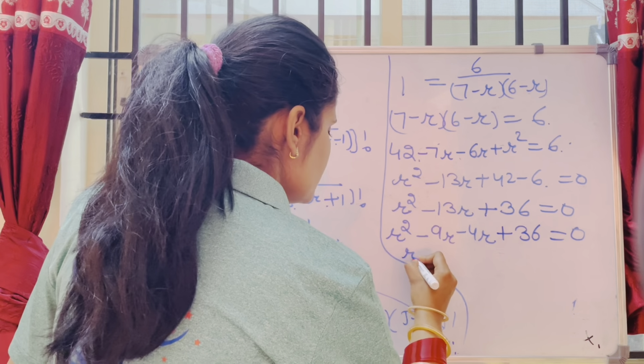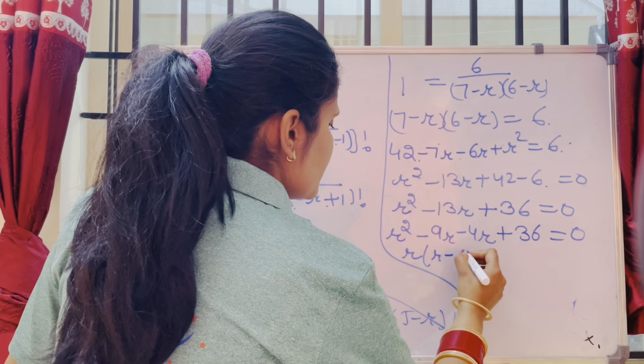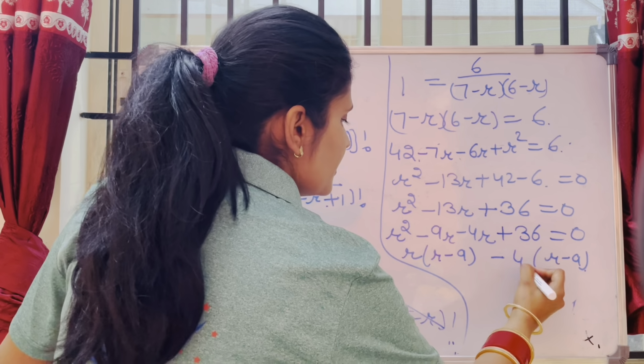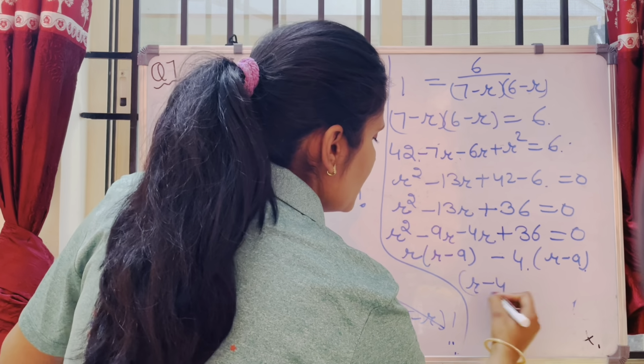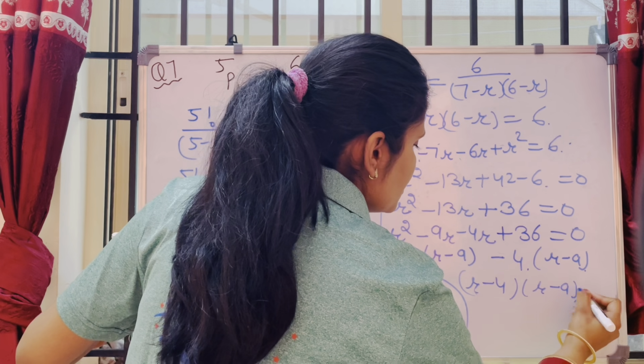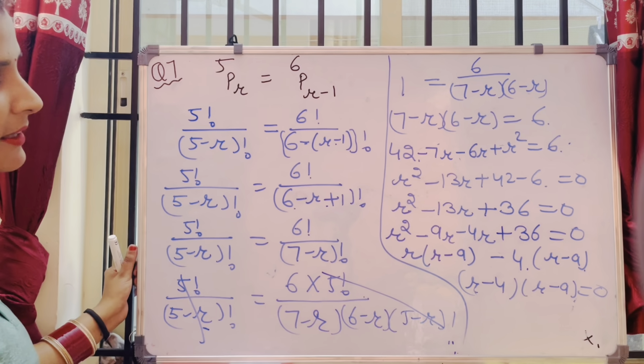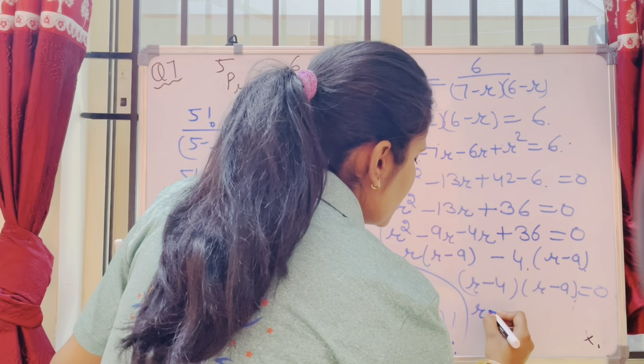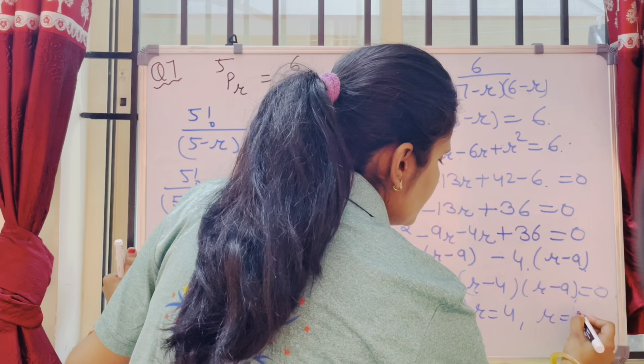So r minus 9 and r minus 4, so (r minus 4)(r minus 9) is equal to 0. So two factors, and we got r equal to 4 and r equal to 9.